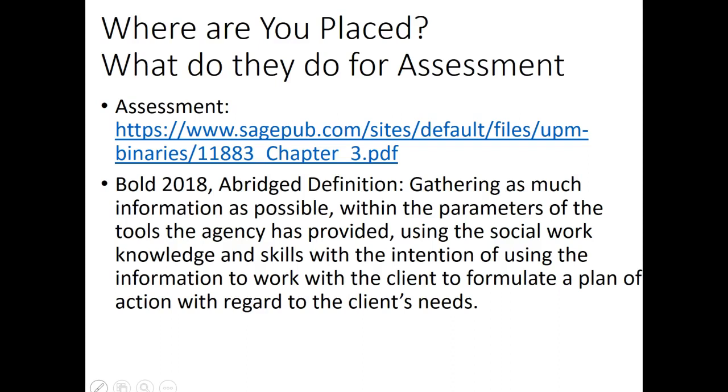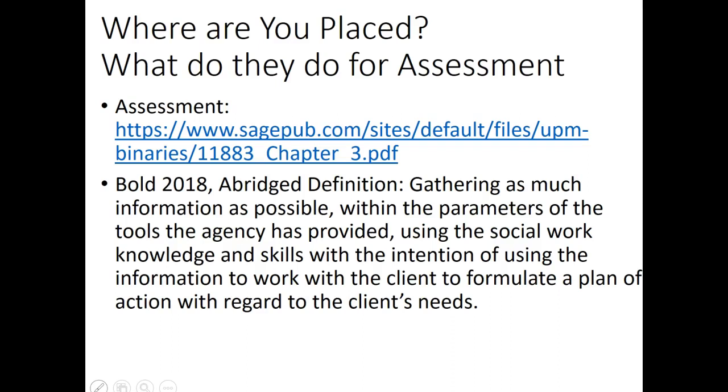Assessment is, and I'm making an abridged version here, this is my quote, but this is gathered from different articles and some of the course texts that we have used over time in several different classes. But here is the way that I understand assessment as a social worker.